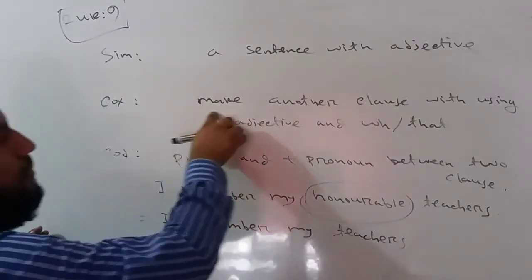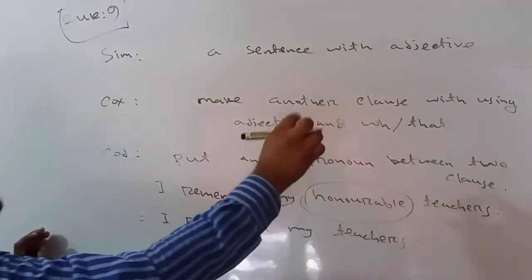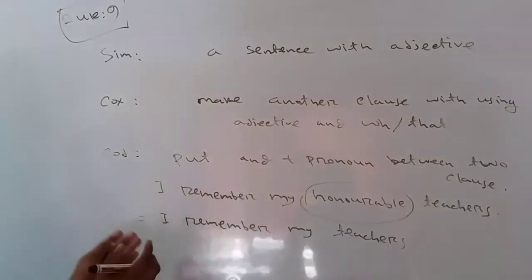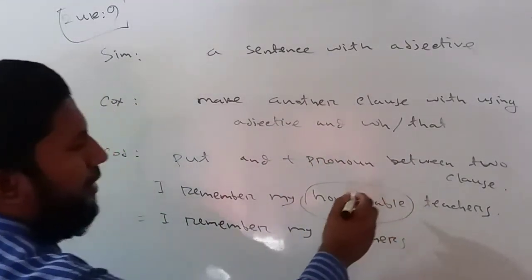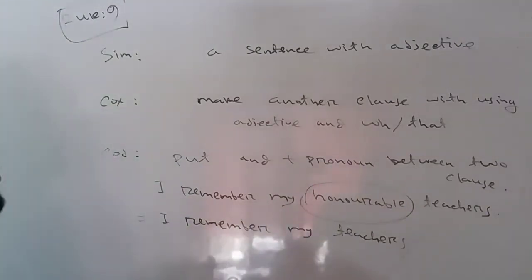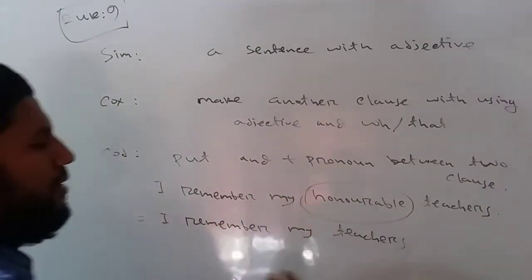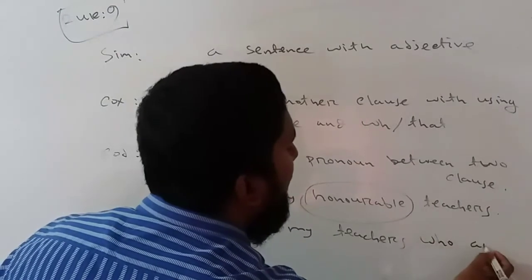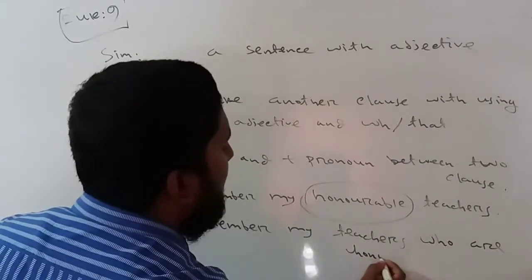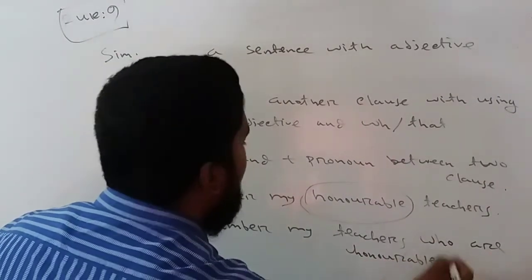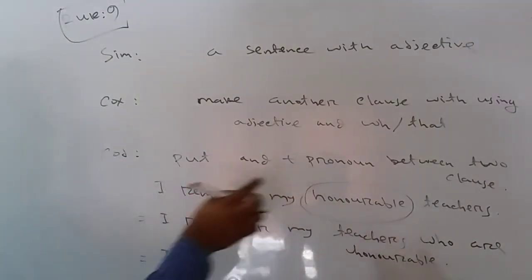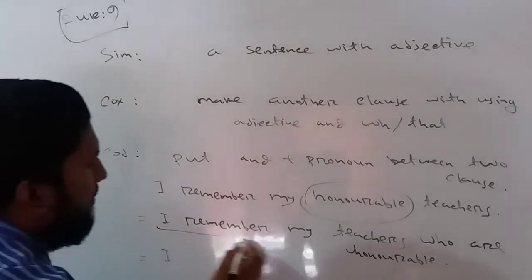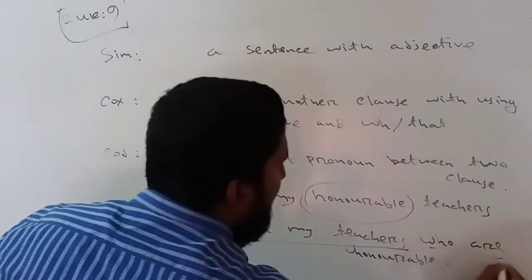Then look at the rules. Make another clause using the adjective and double is or that. Then we will make another clause using honorable and double is. Here you can use who. So, I remember my teachers who are honorable. For doing compound, I put and plus pronoun. Here now are two clauses. I remember my teachers and who are honorable.